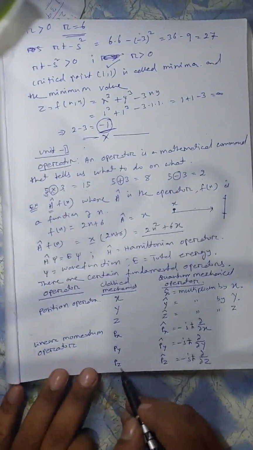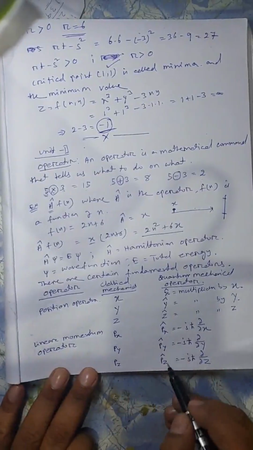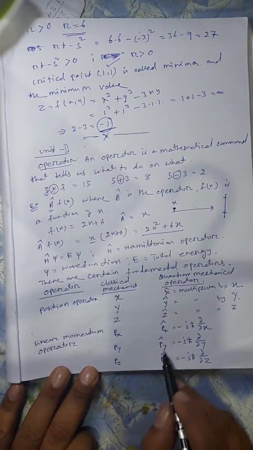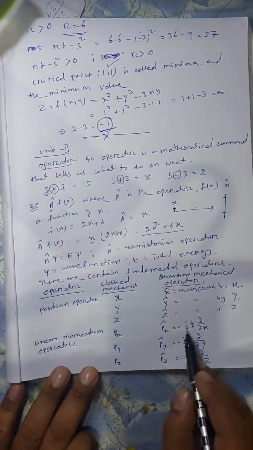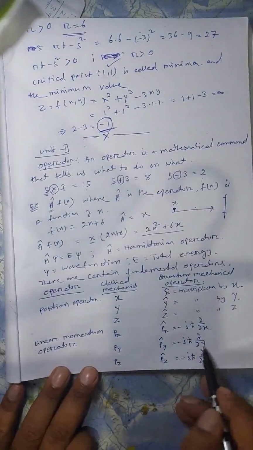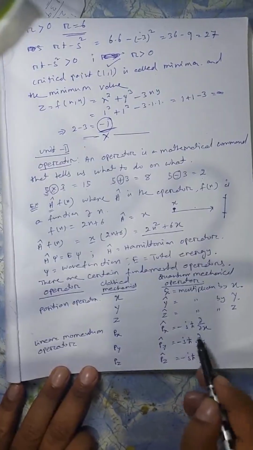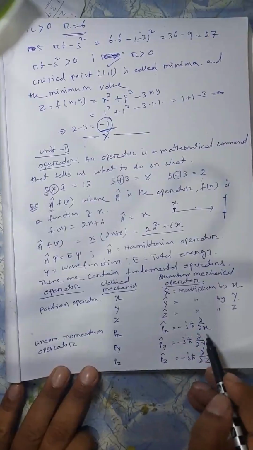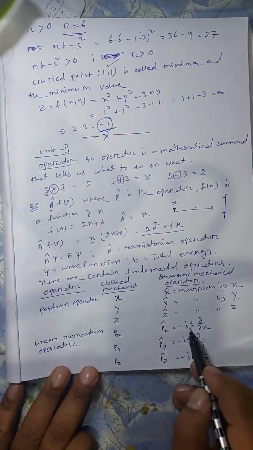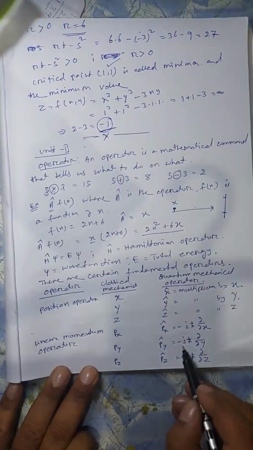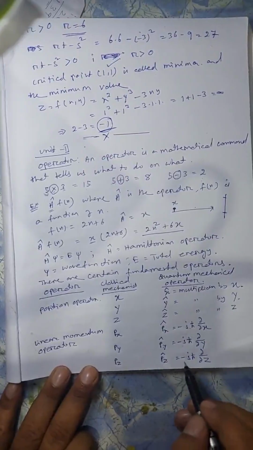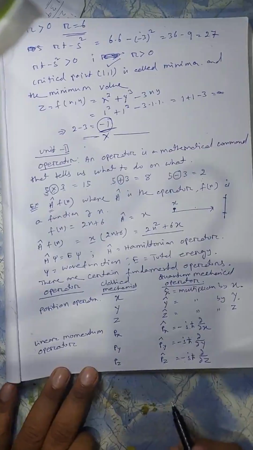In classical mechanics we write this way, in quantum mechanics I can write this way: px cap, py cap, pz cap. Then we have to differentiate the function with dou by dou x and multiply by minus i h bar, differentiate with dou by dou y and multiply by minus i h bar, differentiate with dou by dou z and multiply by minus i h bar.